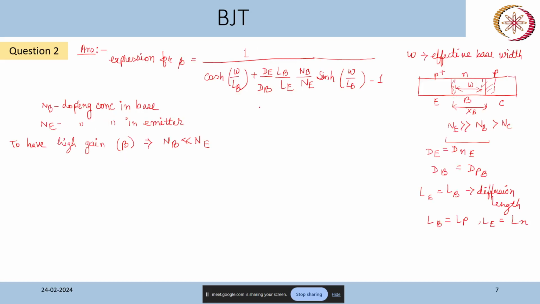Okay, so when the base width increases, the effective base width also increases.